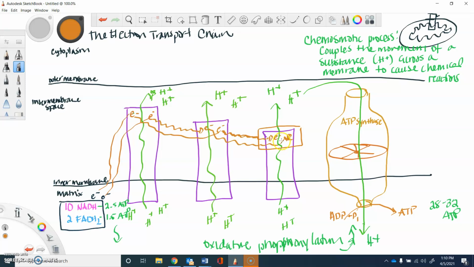So there has to be somewhere for these electrons to go. We remember that in the oxidation of glucose, the glucose is oxidized to carbon dioxide, but the oxygen was reduced to water. So we have oxygen down here.